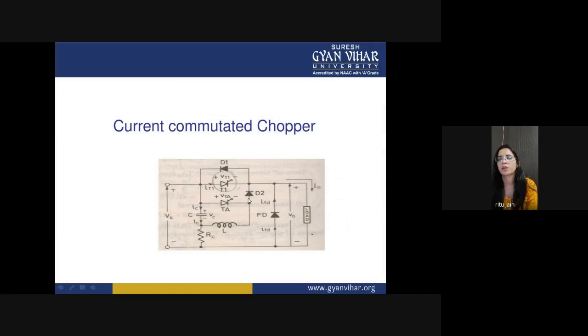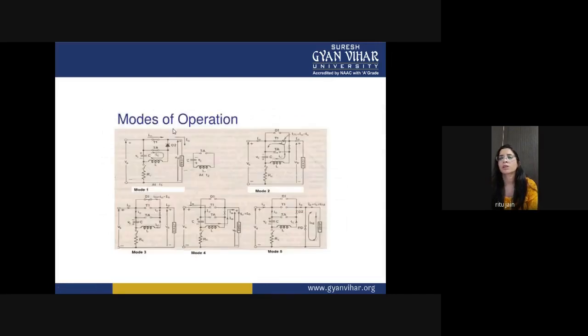This is diode D2, this is the capacitor C, and this is the freewheeling diode. So this is the diagram of the current commutated chopper. Now there are 5 modes of operation. So this is mode 1.